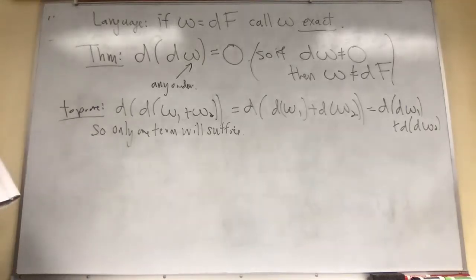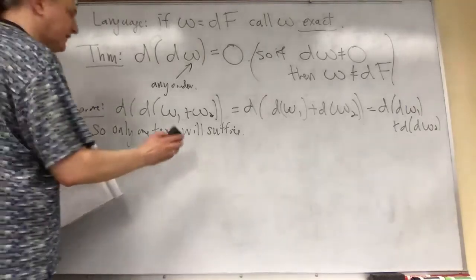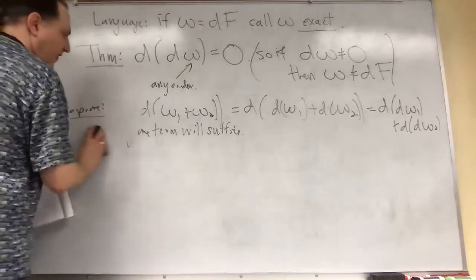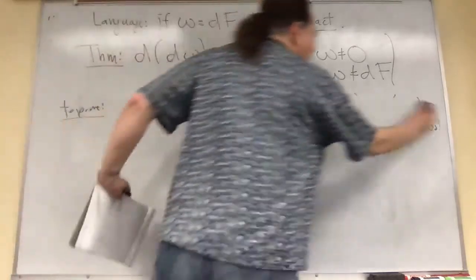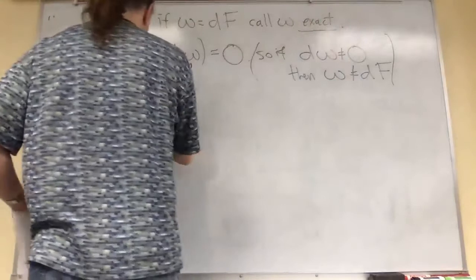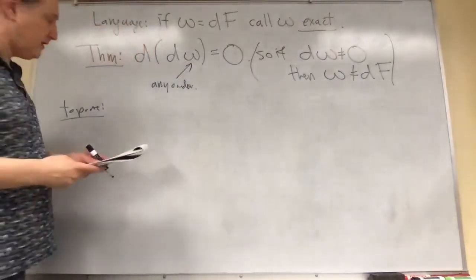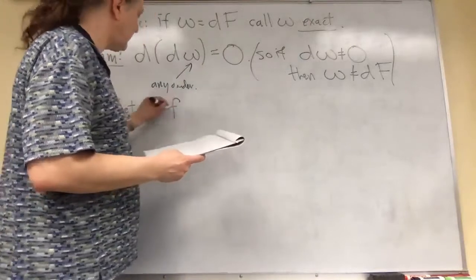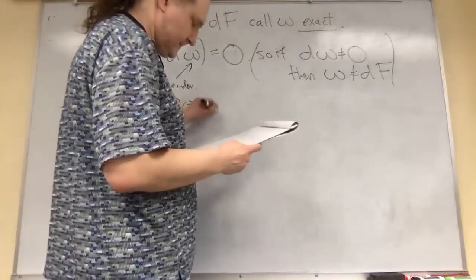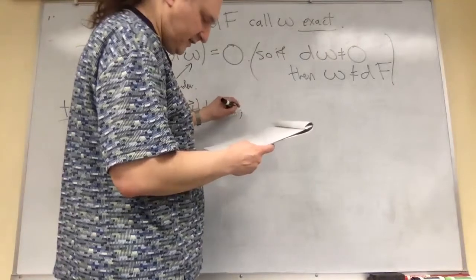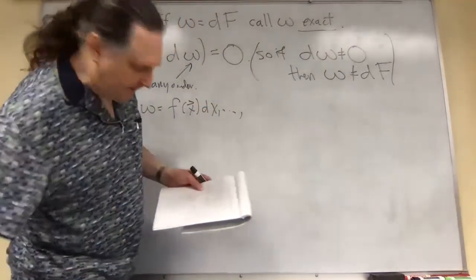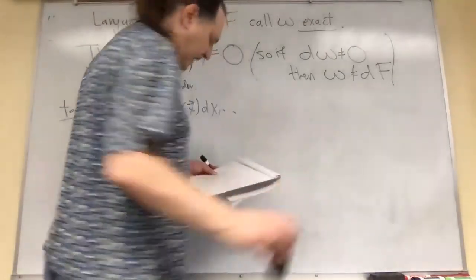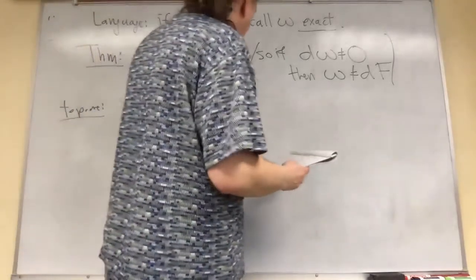I think I'm going to get rid of this. We can remember that, and we would just check it for one term. So we will let omega be an arbitrary differential form of who knows what order, apparently k order for me.